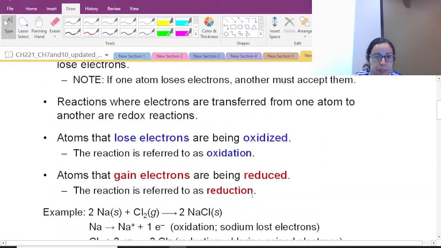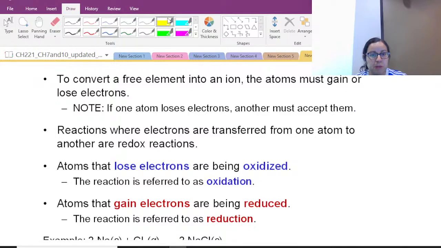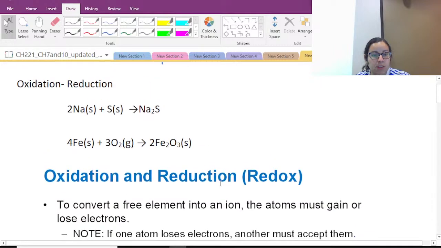I will write down OIL RIG in a second. For these redox reactions, the important part is we're transferring electrons over. And if something is losing electrons, there has to be something there to gain or accept those electrons.